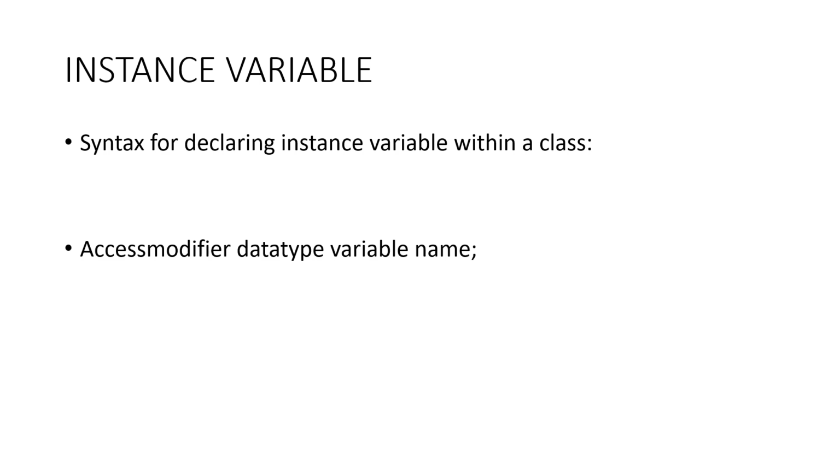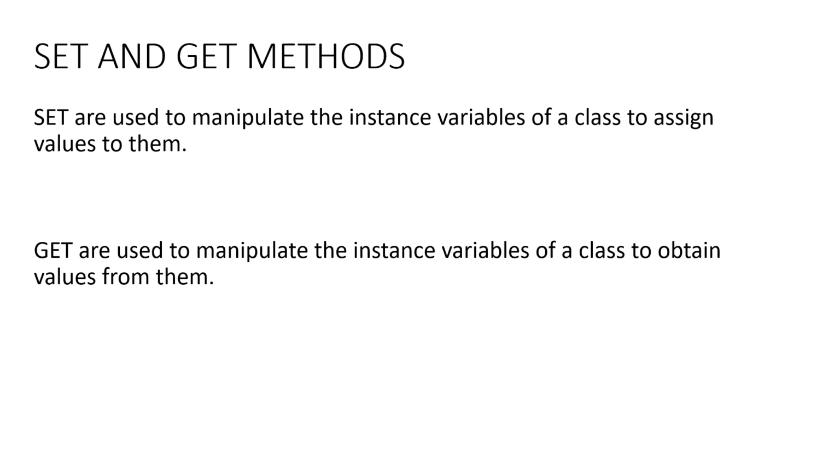Then we have what we call set and get methods. We have the set, we have the get. We've also talked about this in study section 1. The sets are mutators. Sets are used to manipulate the instance variables of a class, to assign values to them.